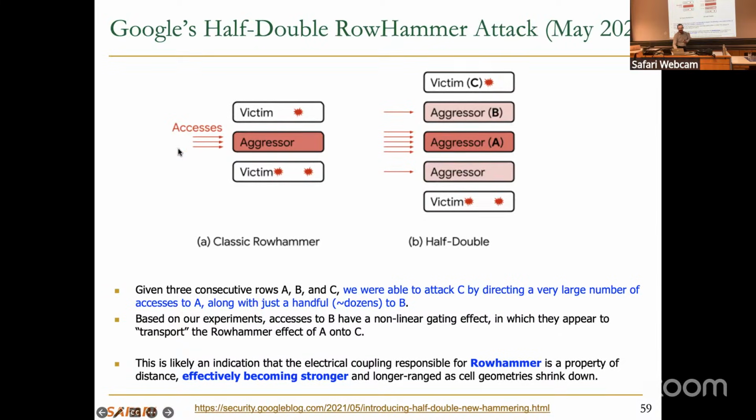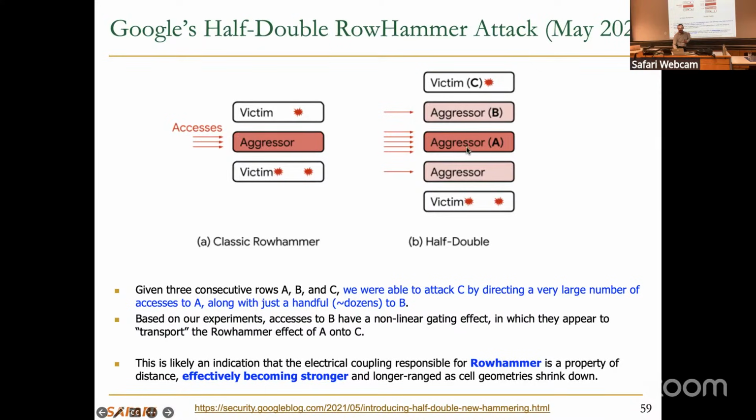In classic RowHammer, you hammer one aggressor row many times, and you get bit flips in immediately, physically adjacent rows, right? Victim rows. Now they discovered that you hammer an aggressor row A many times, and then you hammer the physically adjacent aggressor row B a little bit, not as many times, maybe 100 times or so. You get bit flips in the next physically adjacent row, victim C.